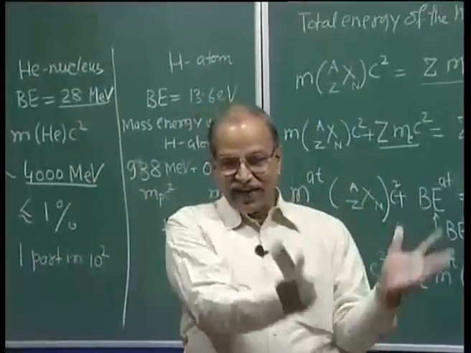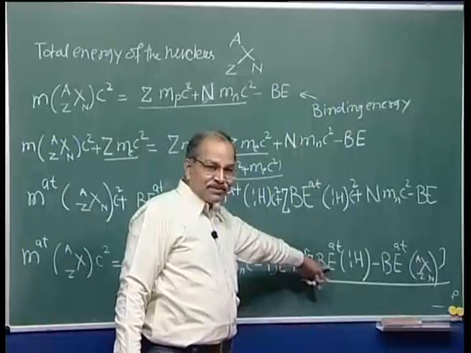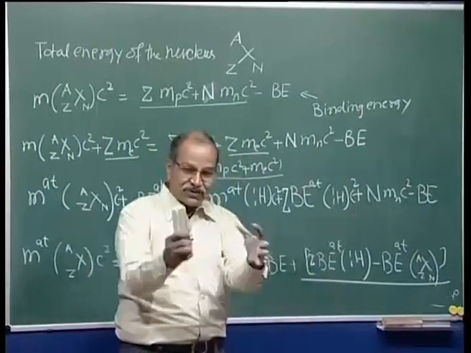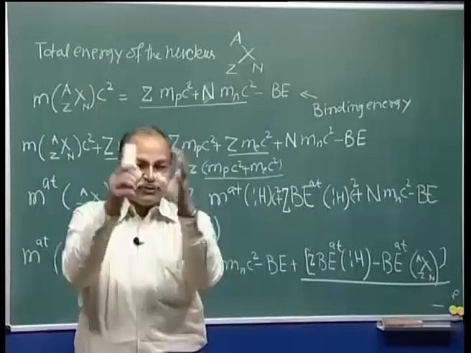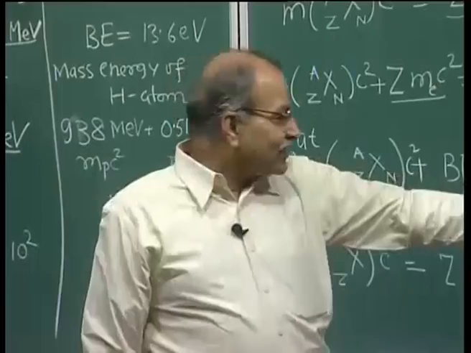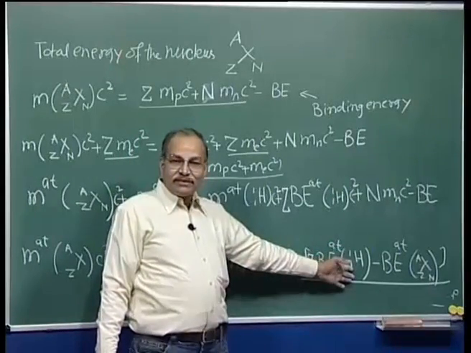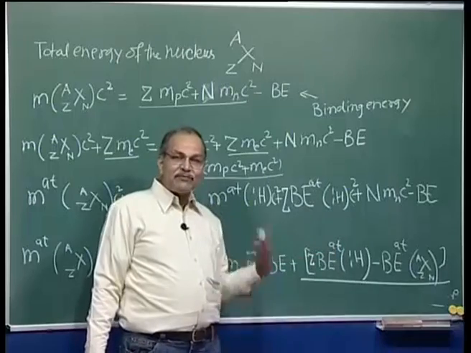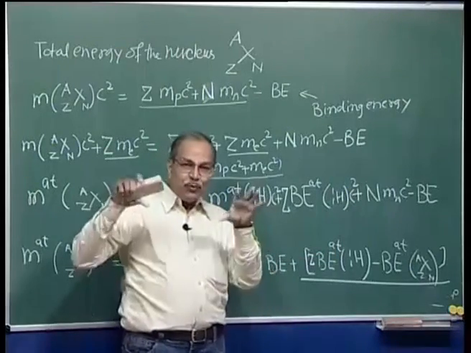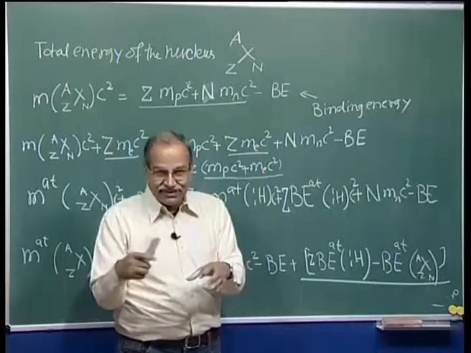Here also you have Z hydrogen atoms, the first term, and here you have all those things combined together, you get one big atom, atomic energy of that. So, that difference is going to be even much smaller. The atomic binding energies themselves are very small, and then 2 binding energies which are comparable, you are subtracting one from the other.